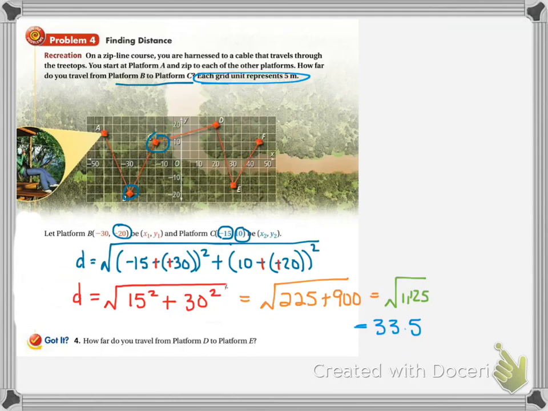So from B to C is 167.5 meters. Okay? Sorry, I didn't look at the graph right. It's saying each grid is 5, but they actually have it marked that way, and I didn't think they did, so no, we're good. So just 33.5 meters.